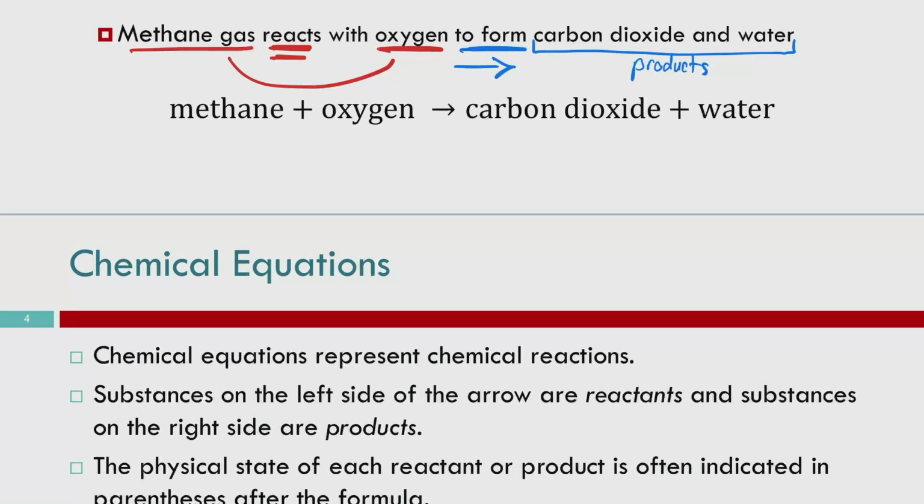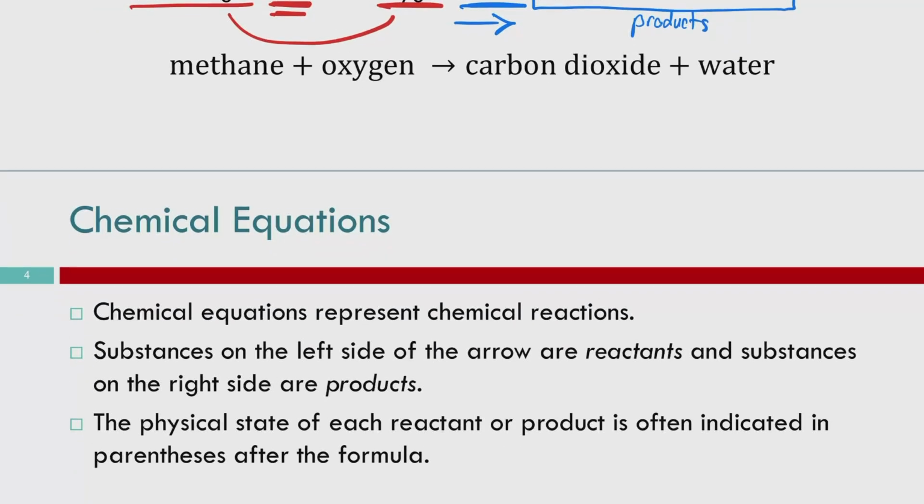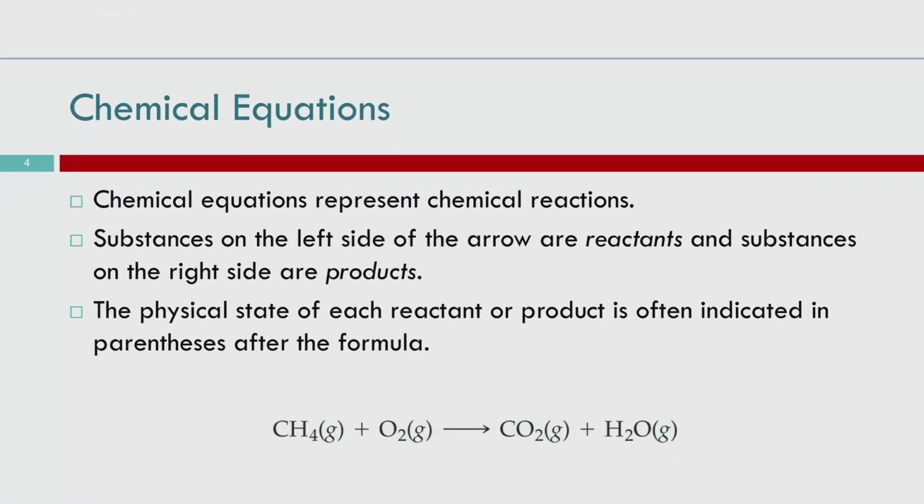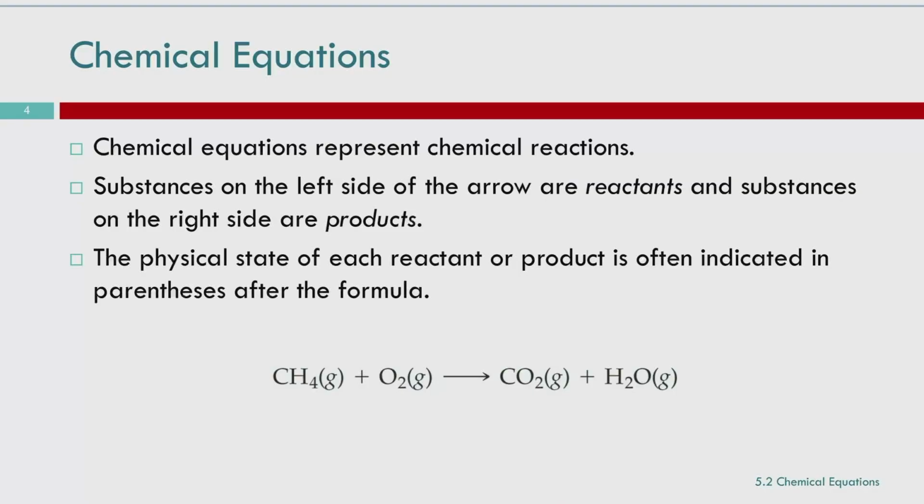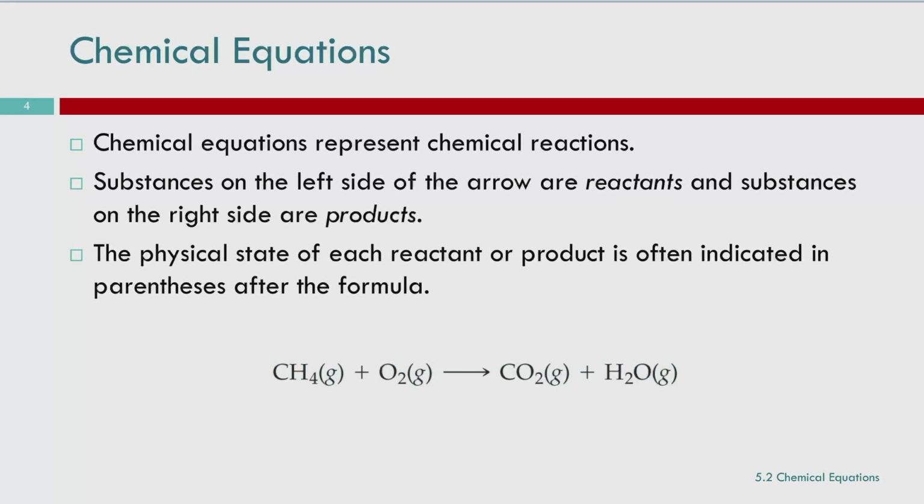Chemical equations are what we use to represent chemical reactions. It saves us some time and space. The substances on the left side, as a reminder, are reactants. So we've got our reactants. This is actually that same equation that we described earlier. Reactants. And on the right side are the products.